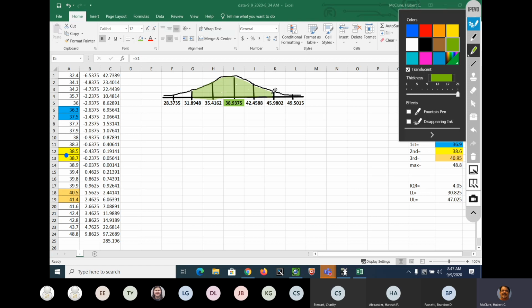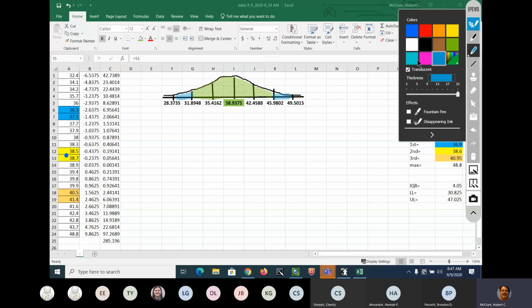We're using the empirical rule. And we know that 2.5% is going to be unusual. And then we know that after 49.5 and below 28.4 is outliers.